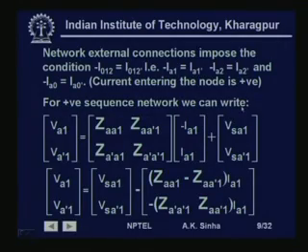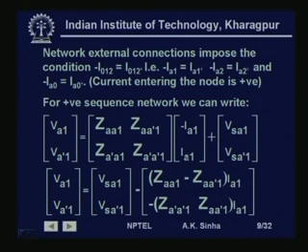Therefore, for the positive sequence network we can write VA1 and VA dash 1 is equal to ZAA1, ZAA dash 1, ZA dash A1 and ZA dash A dash 1. These are the open circuit impedances for this two-port network that we have, multiplied by minus IA1, because we are taking current entering as positive.